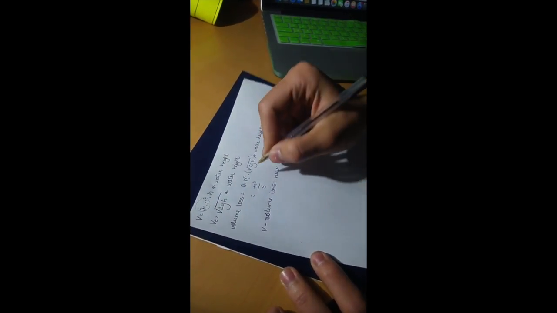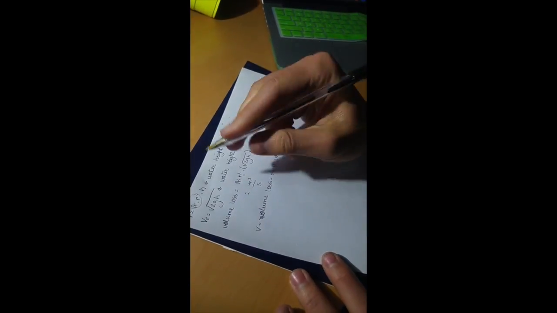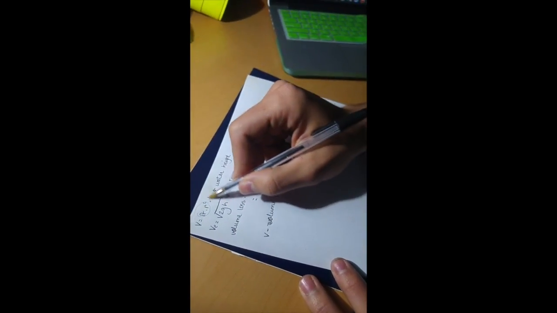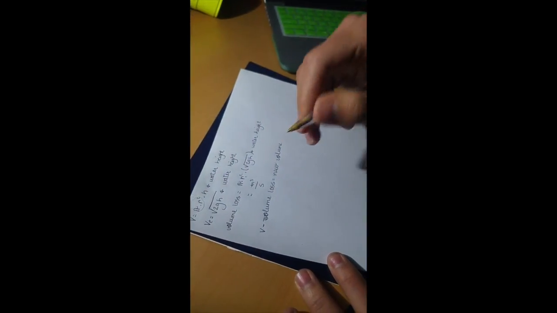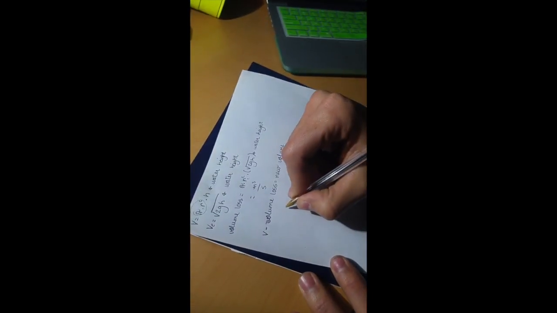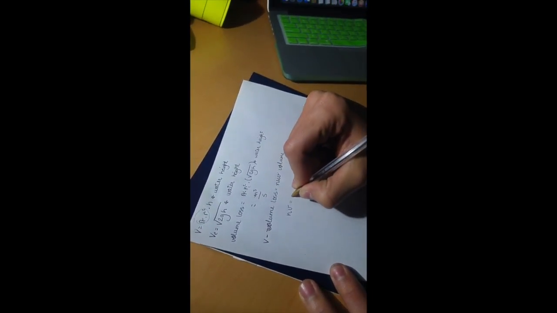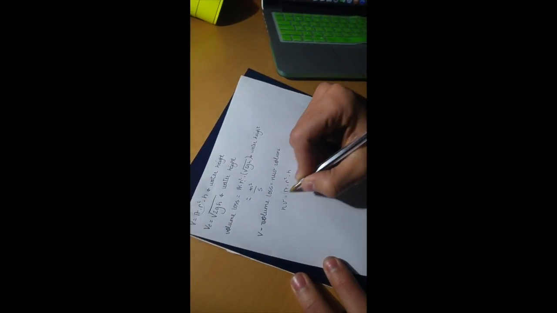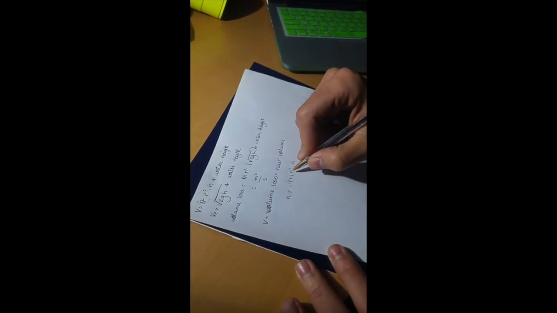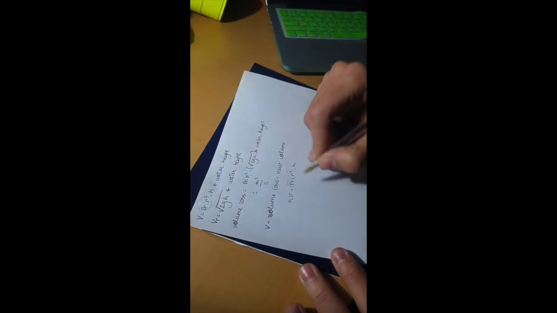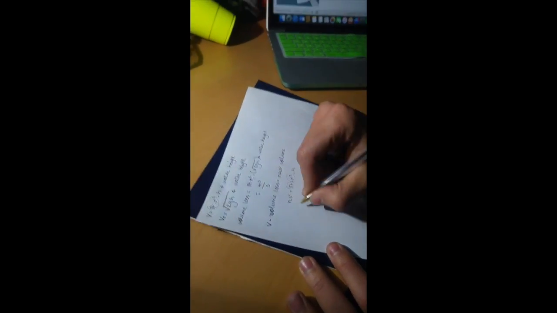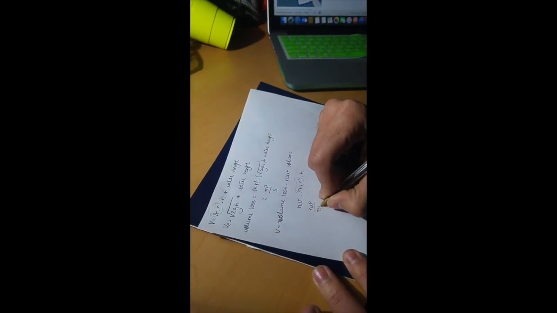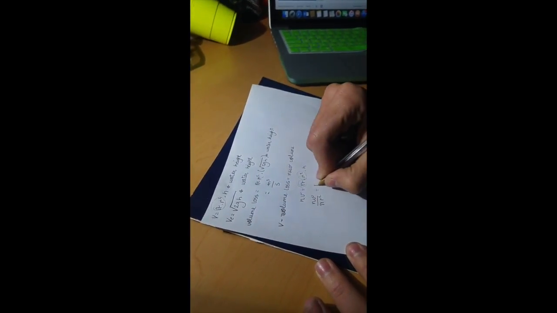How did we do that? Easy. We took this new volume and we took h out of the equation. So new volume is equal to pi times radius squared times h. We already know pi and we know the radius squared, so we just have to pass these two terms down here, and we get new volume divided by pi radius squared, and we got the new height.